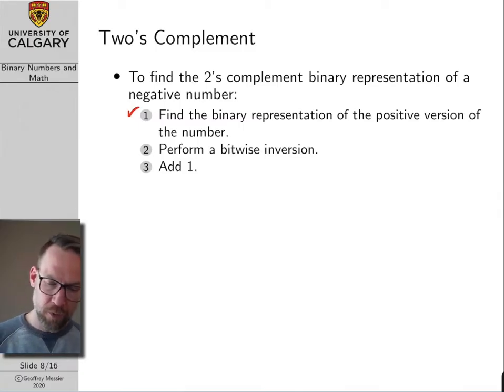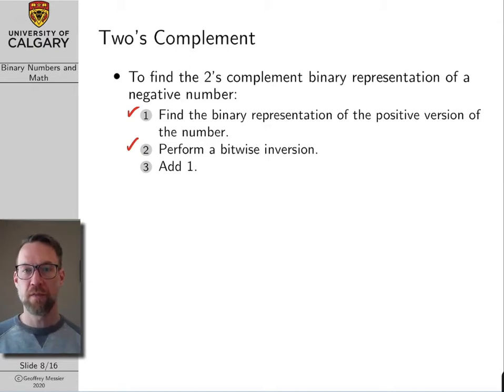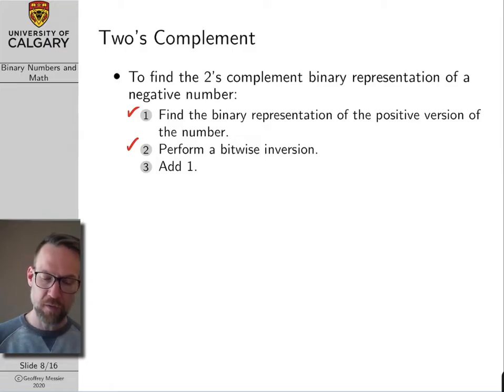Then perform the bitwise inversion of that number. Just turn all the ones to zeros and zeros to ones. And then the last step, and this is to add that offset that we talked about on the previous slide, the last step is to add 1.